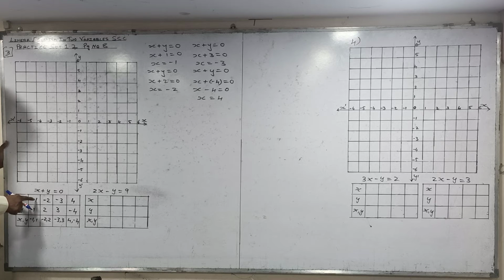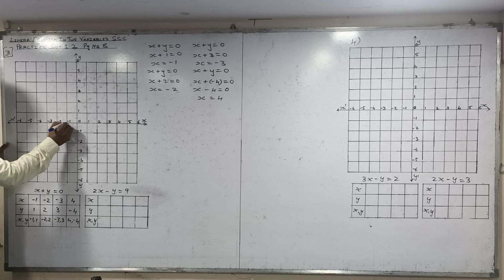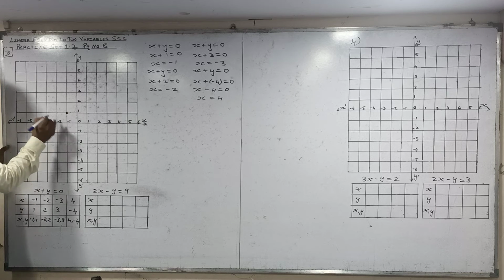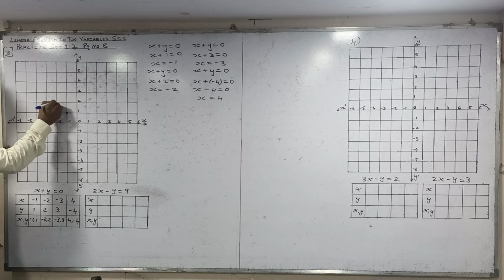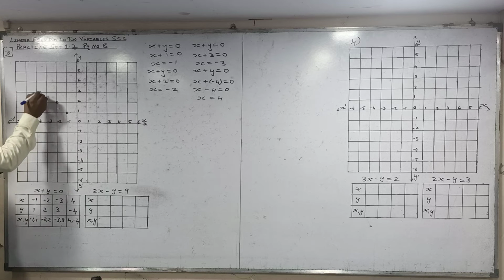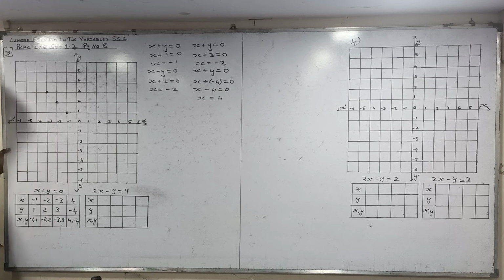So minus 1, 1, x value minus 1 plus y value plus 1, x value minus 2, y value plus 2. Okay, from this you can see minus 2 and plus 2. X value minus 3, y value plus 3. X value 4, y value minus 4.